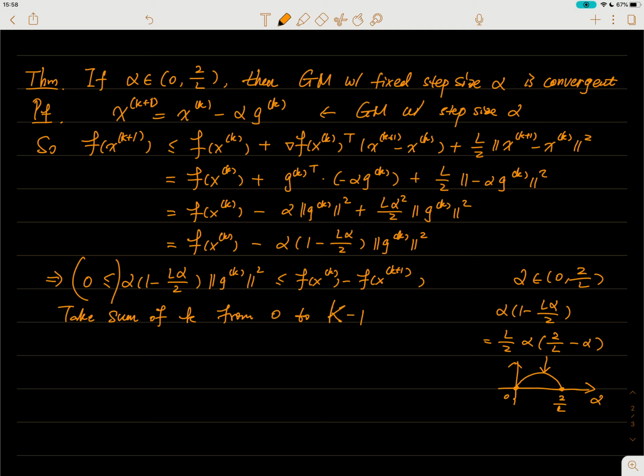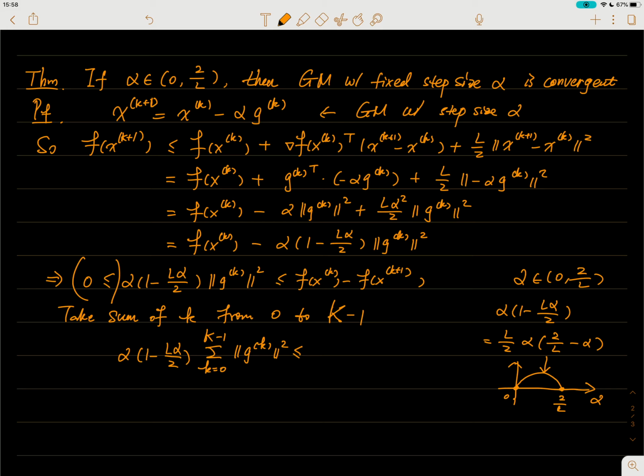Then on the left-hand side, I know this is just alpha times 1 minus L alpha over 2, times the sum of k from 0 to capital K minus 1 of gk. On the right-hand side, that's interesting.